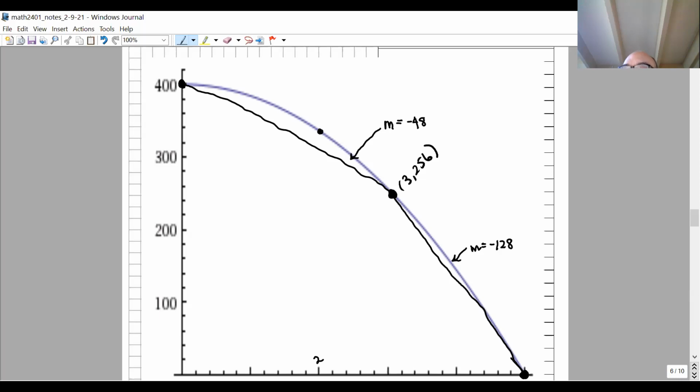Imagine we were looking at that speedometer at exactly the instant 2 seconds. What would that speedometer say? Exactly after 2 seconds, how fast is the screwdriver dropping?